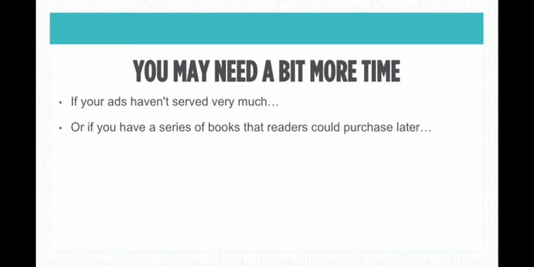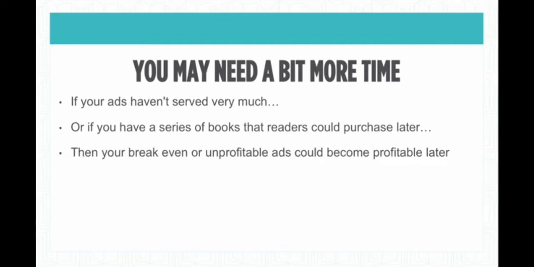If you're promoting a book one in a series, but you're at a loss, a magical thing can happen because people might go and read book 2 and book 3 and buy those next month, and that could factor into your royalties that came from this very challenge.